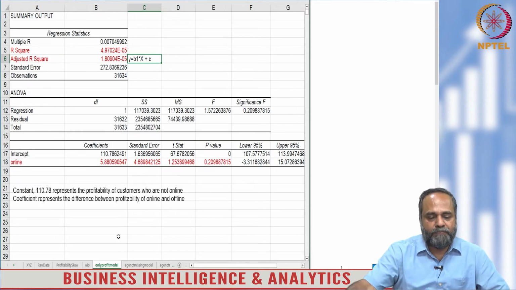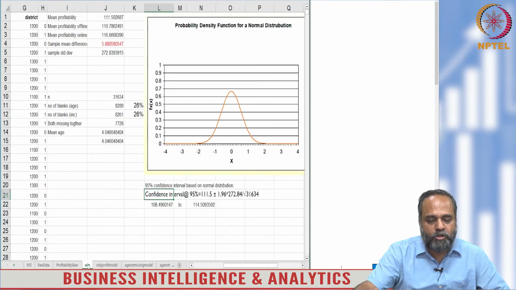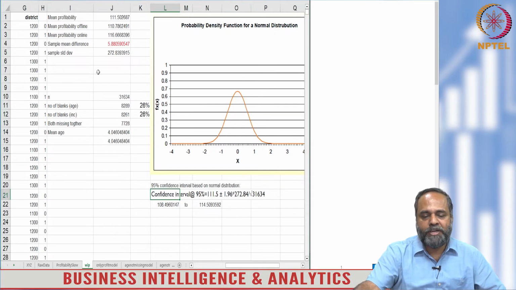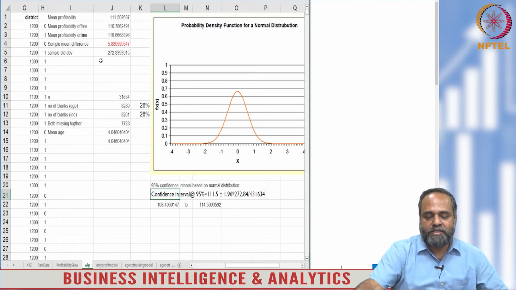Then you will also look at the category wise profitability. I did not show you some other results in the previous worksheet. Let me do that before I move to the next worksheet.